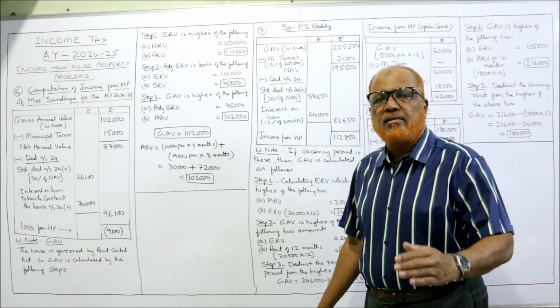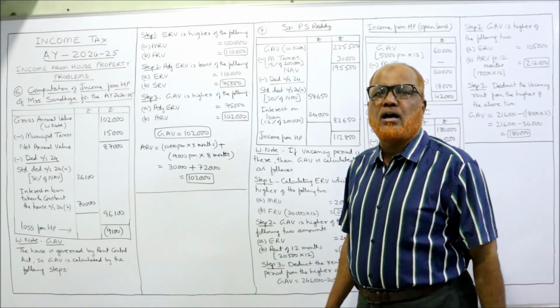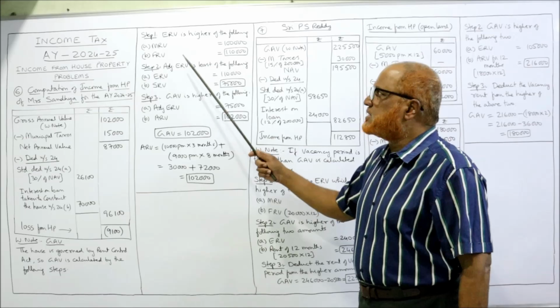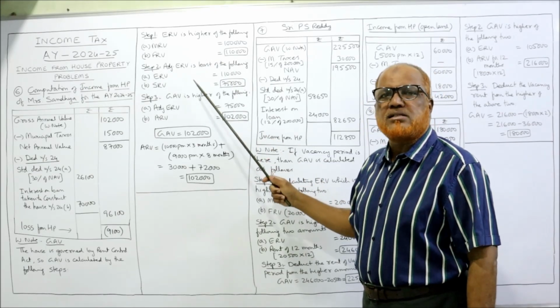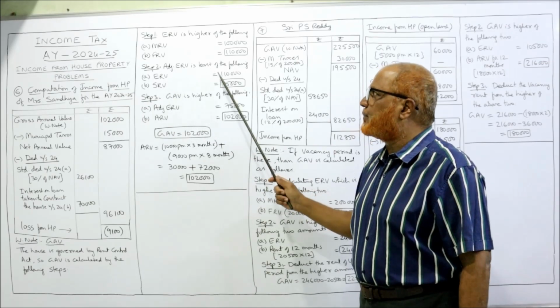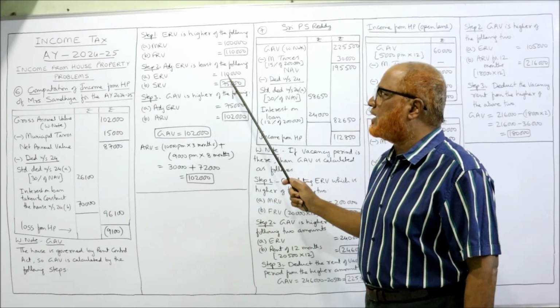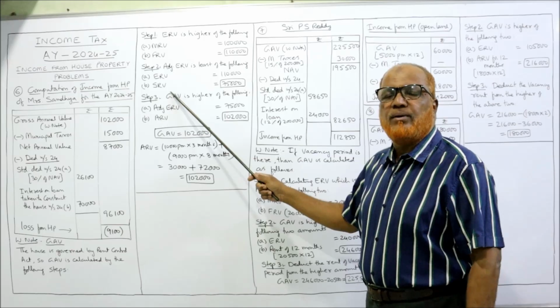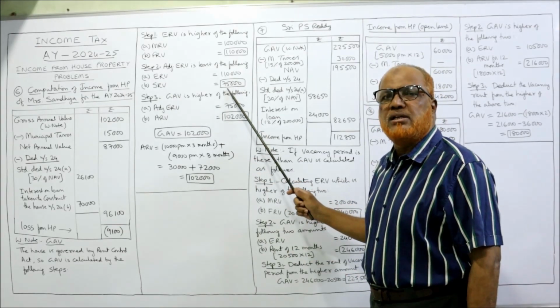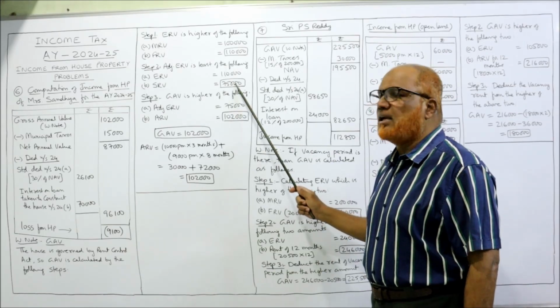Second step, calculating the adjusted ERV, which is the least of the following 2 amounts. In the first step we took the higher, in the second step we are taking the least. Which is the least? ERV, which in the first step we got as 1 lakh 10,000, and second, SRV, standard rental value, given in the problem as 75,000. Whichever is least. So 75,000 is the least.